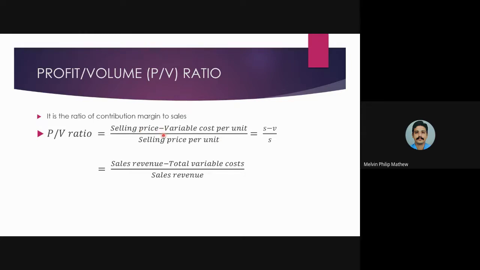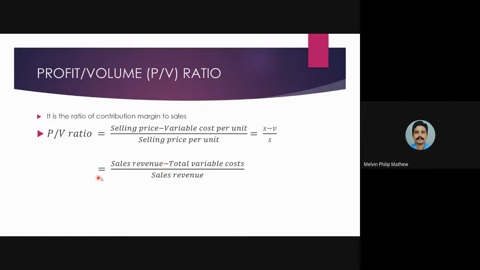Please include per unit here. Which is equal to S minus V by S.